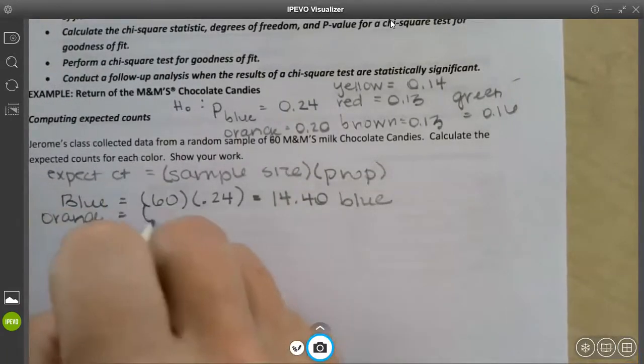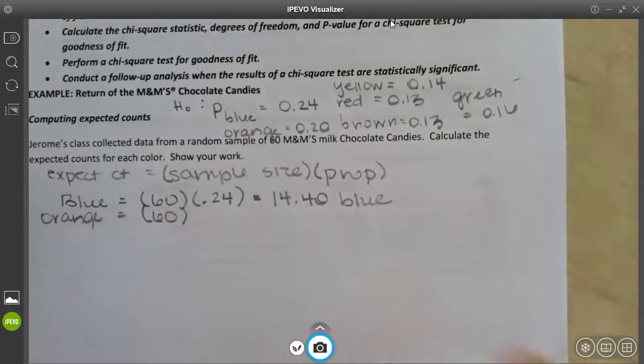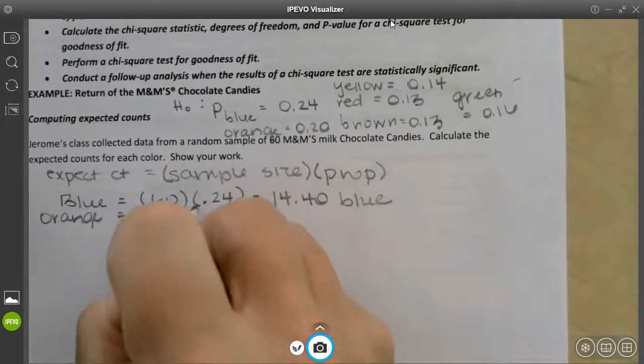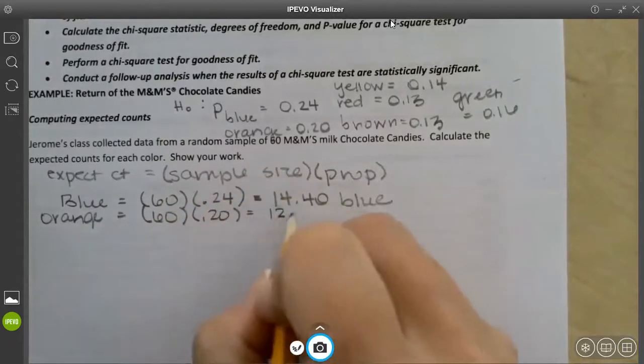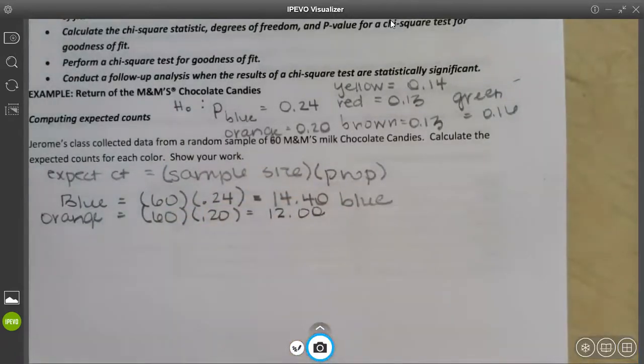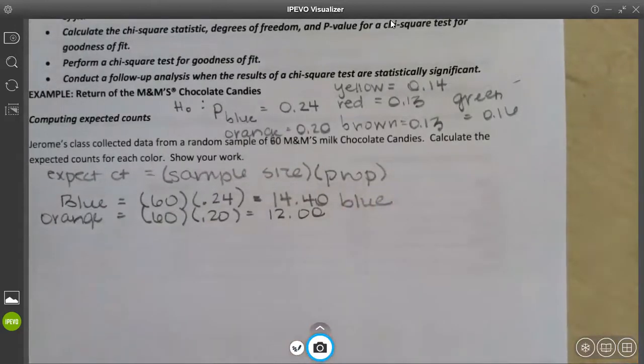To get orange, you would do 60 times your orange proportion, 0.20, which gives you 12 orange. You don't have to rewrite that. Okay.